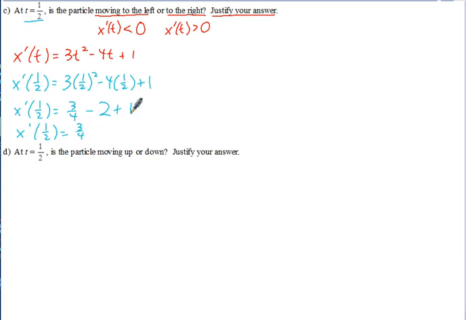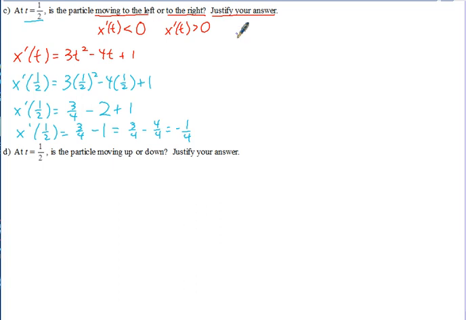Negative 2 plus 1 is negative 1. So that's 3/4 minus 1, which is 4/4, gives you negative 1/4. The key thing we're looking at here is whether it's positive or negative. In this case, we can see it's negative. So, because it's negative, that tells us the particle is moving to the left.